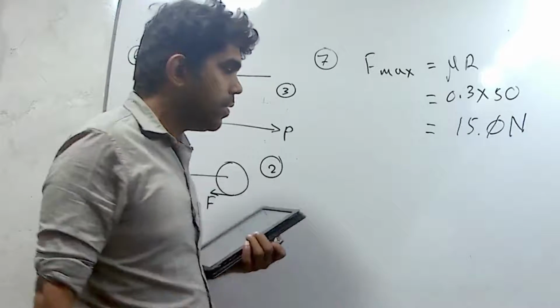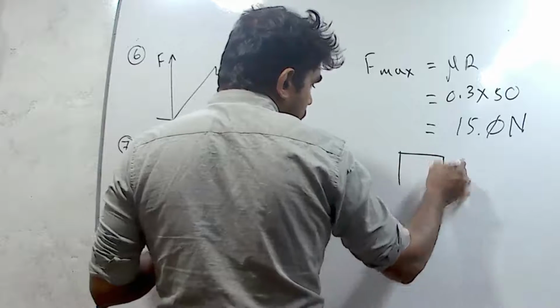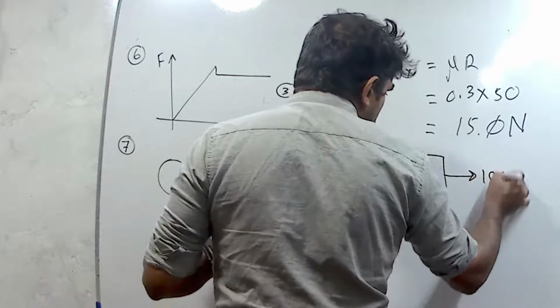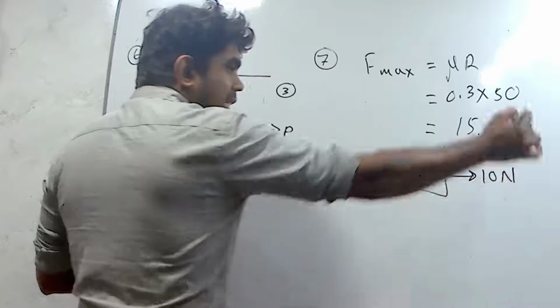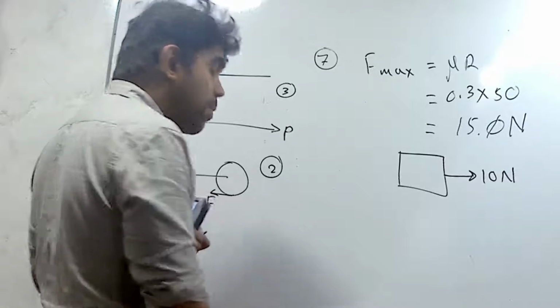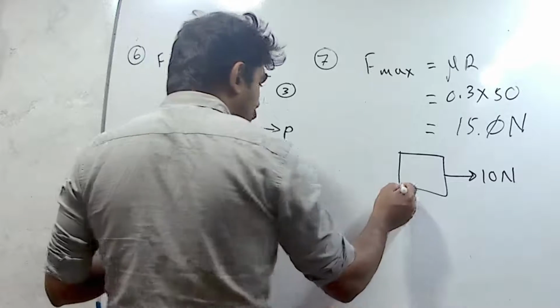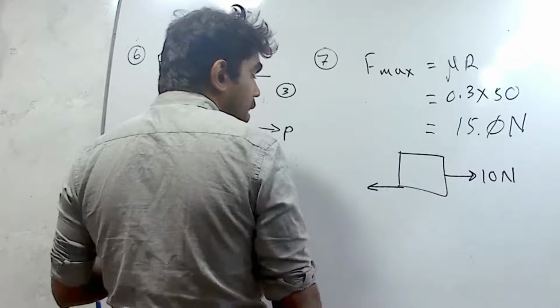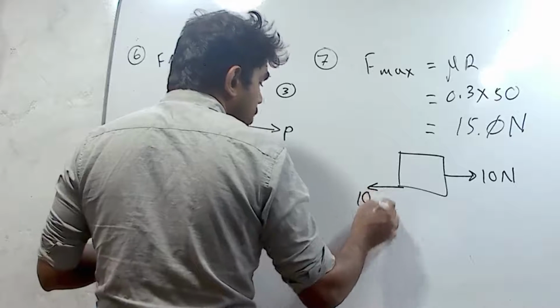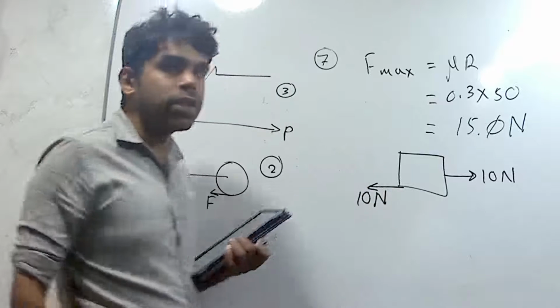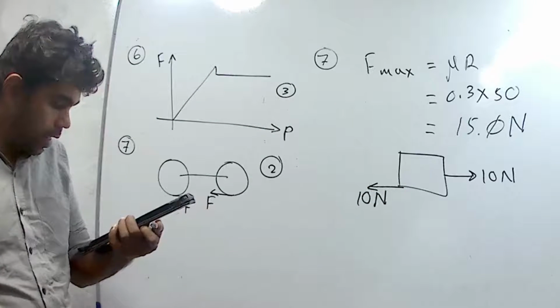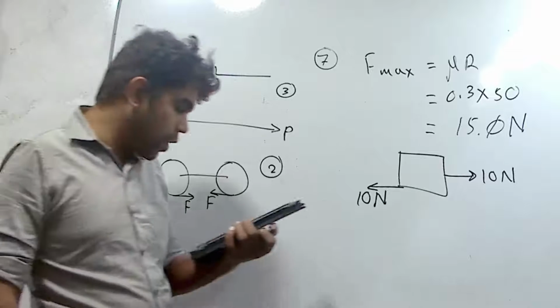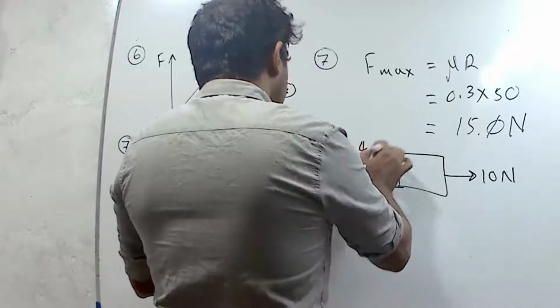Now we are given a 10 Newton pull on the object. It is less than the maximum frictional force. Therefore, the object will be at rest, with 10 Newton frictional force, equal and opposite, acting on the object. Then the answer is 4 for question number 8.